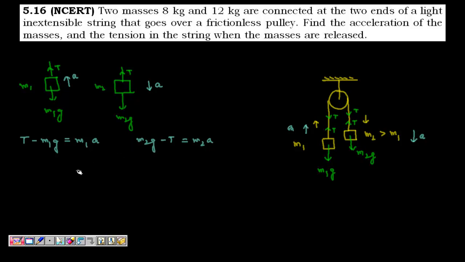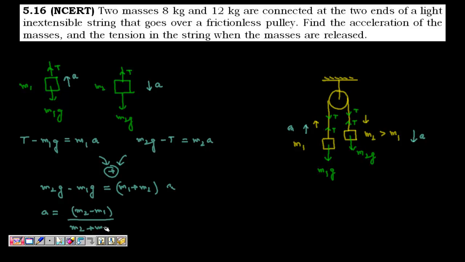So if you add both these equations, you will get m2g minus m1g is equal to m1 plus m2 into a. So from here you can write the acceleration as m2 minus m1 divided by m2 plus m1, into g.